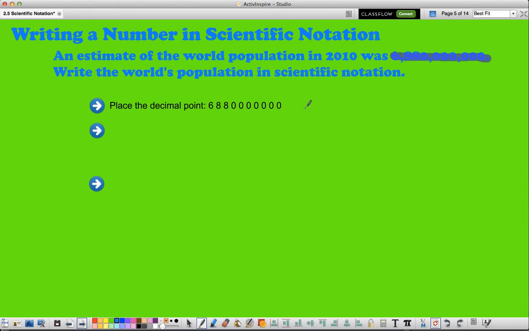And I want to make a number that is greater than or equal to 1, but less than 10. To do that, my decimal has to go here between the 6 and the 8, because I only want one number in the front, and I want it to be between basically 1 and 10.